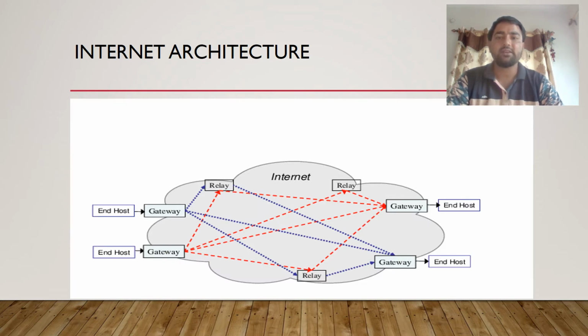This is the internet architecture, where different end users are shown. These are the systems where a particular user is sitting, and the system is connected to the gateway. The gateway provides connectivity between your local system and the internet, and then the communication is transported over the internet.